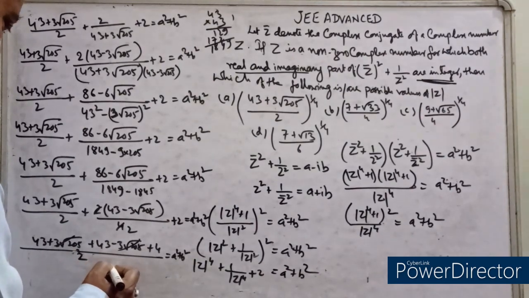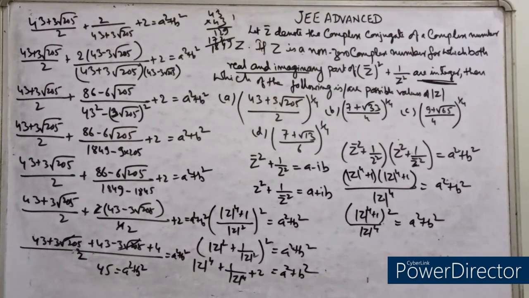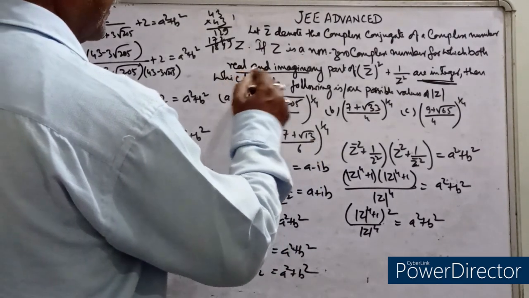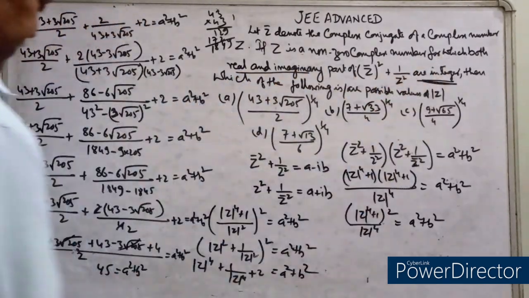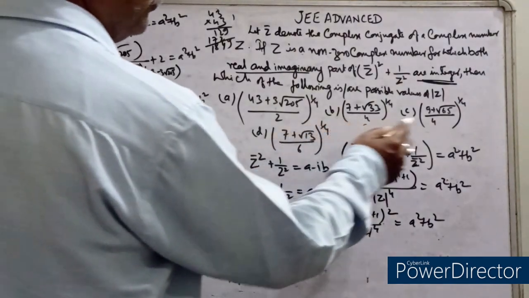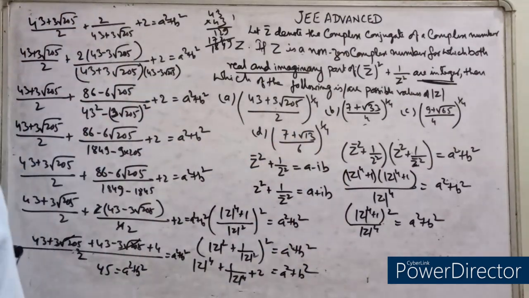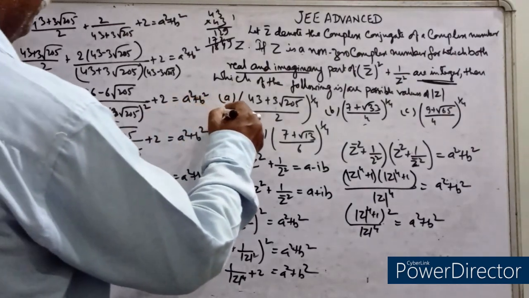So 45 is equal to A square plus B square, and it has been told that both the real and imaginary parts are integers. So 45 is an integer. You can check the other cases also, but I have checked it. In every other case you will get a fraction. Only this is the case where you get a whole number, that is an integer. So this is the answer.